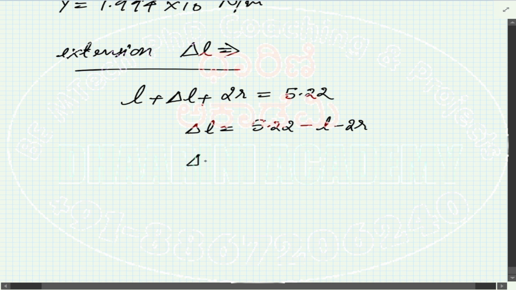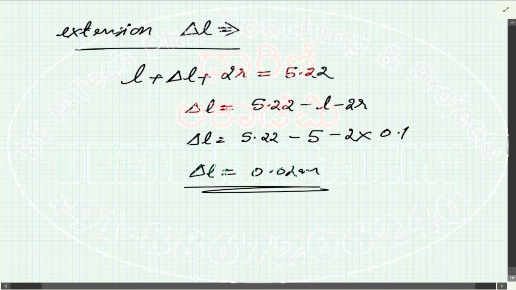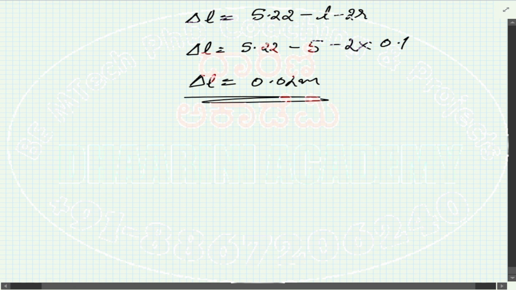So delta L is equal to 5.22 minus 5 minus 2 times 0.1, which is 0.02 meters. This is the maximum extension that is possible under this condition. That's the first part of the question.